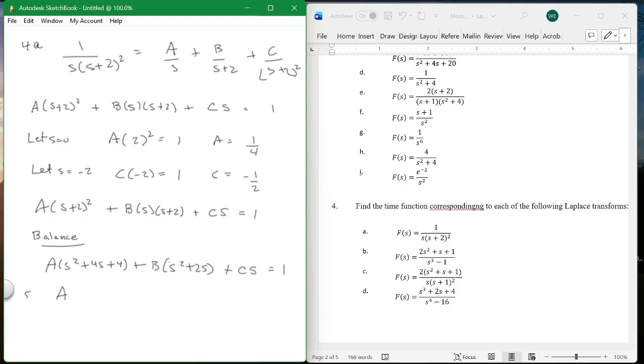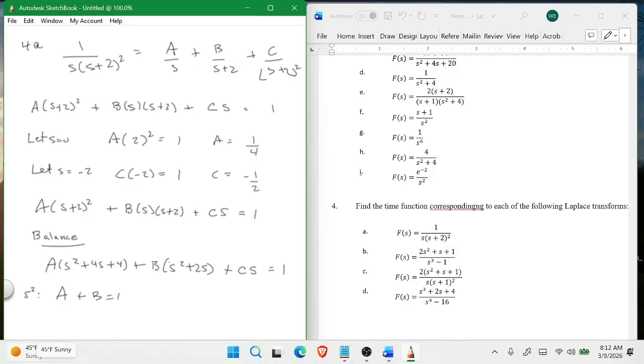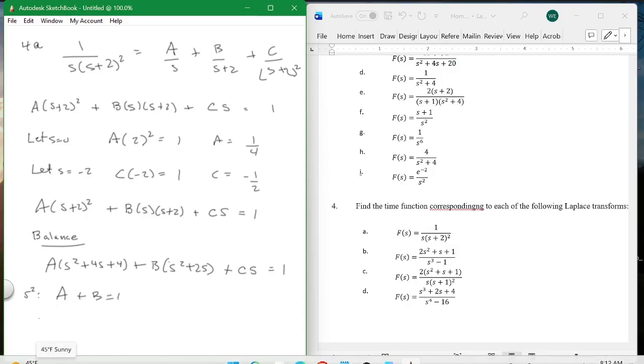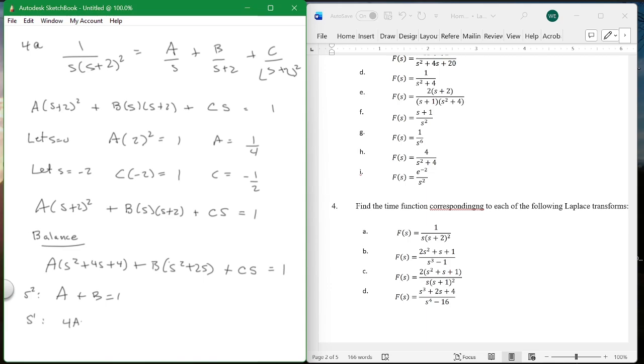On the balancing act for the s squared terms, A plus B equals 1. Does everybody see that? The s term: 4A plus 2B plus C equals 1.